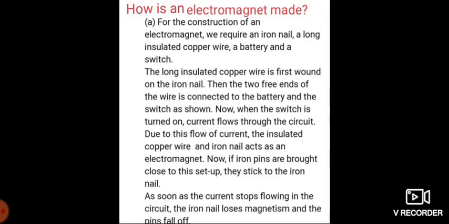Now if iron pins are brought close to this setup, they stick to the iron nail. As soon as the current stops flowing in the circuit, the iron nail loses magnetism and the pins fall off. So you have to learn this answer, and if it comes, you can write this answer for the question, how is an electromagnet made?